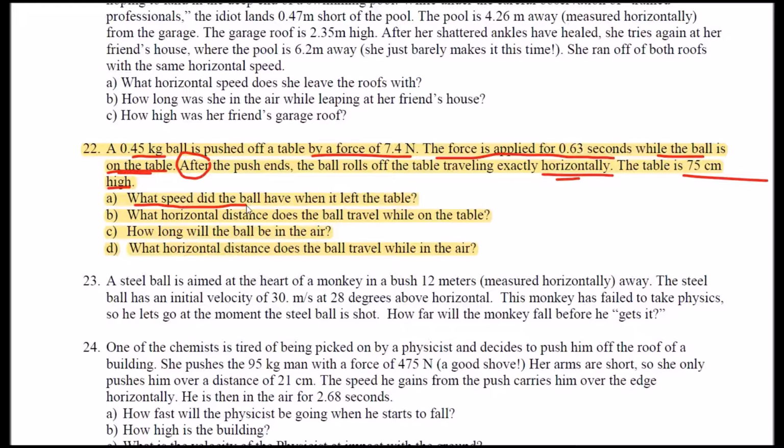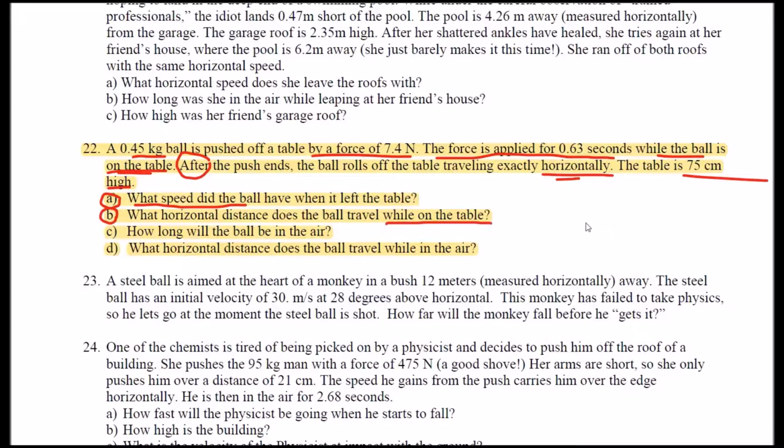That's really going to be the final velocity at the end of the force, but then it becomes the Vx to start the trajectory problem. So I'm going to find this speed based on the information I have from the force problem. Also, this distance that I'm going to find for letter B is also part of the force problem because it says while on the table.